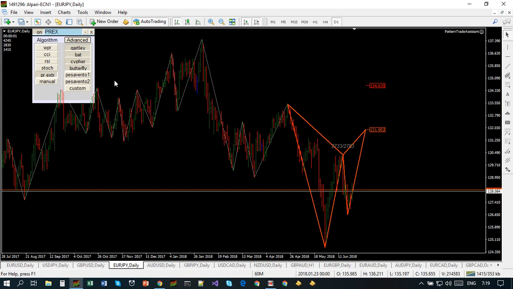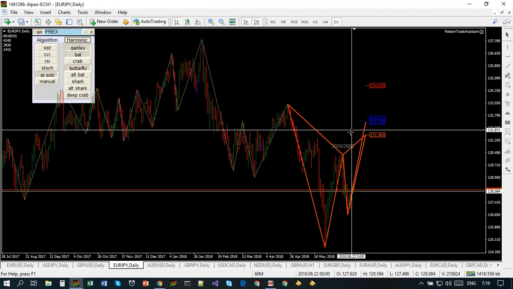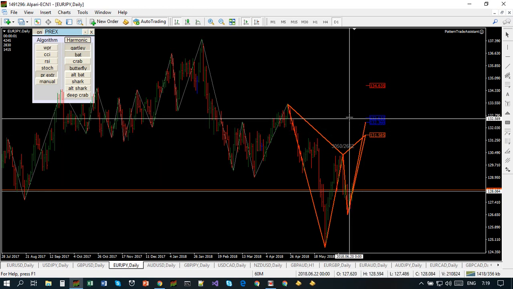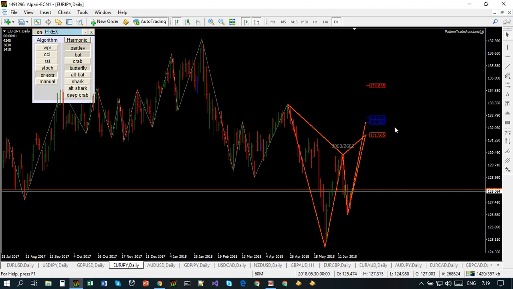By the way, for harmonic pattern traders, let us switch to harmonic, and we can see the same Gartley pattern. Let me disable crab because it is very far from completion. The same Gartley pattern, and the harmonic potential reversal zone is pretty tight. It is built up from AB equals CD pattern, BC inversion, and corresponding XA retracement.